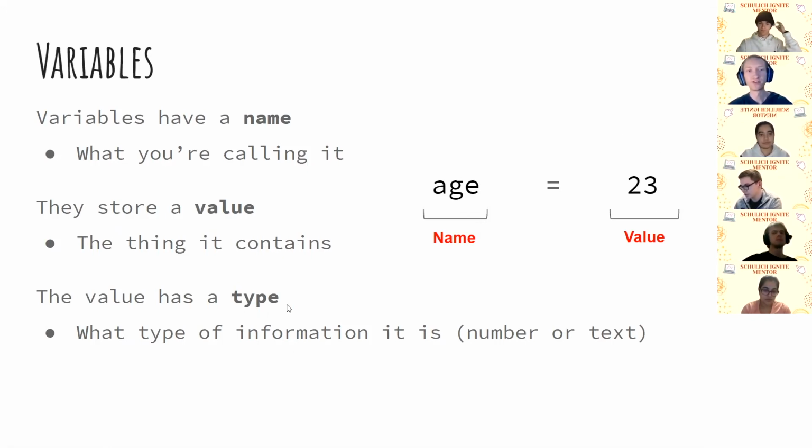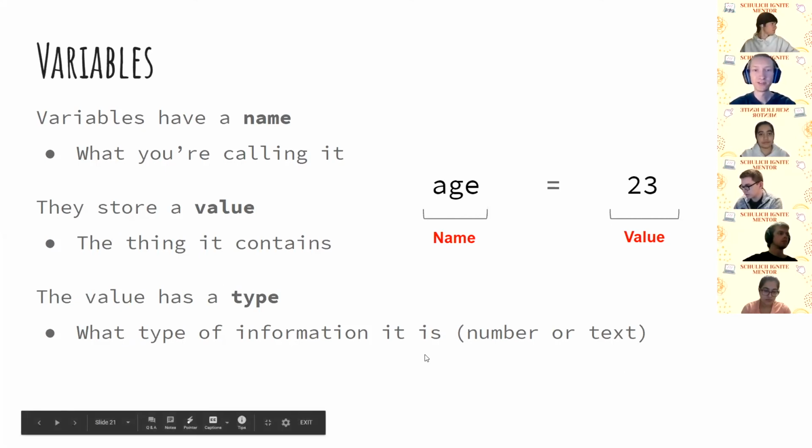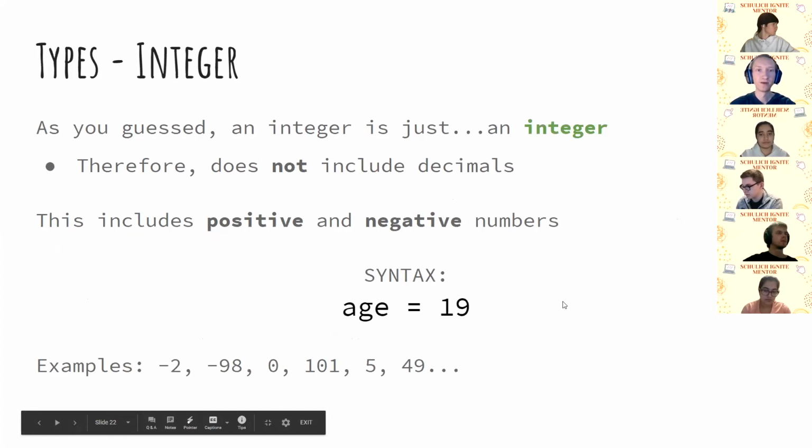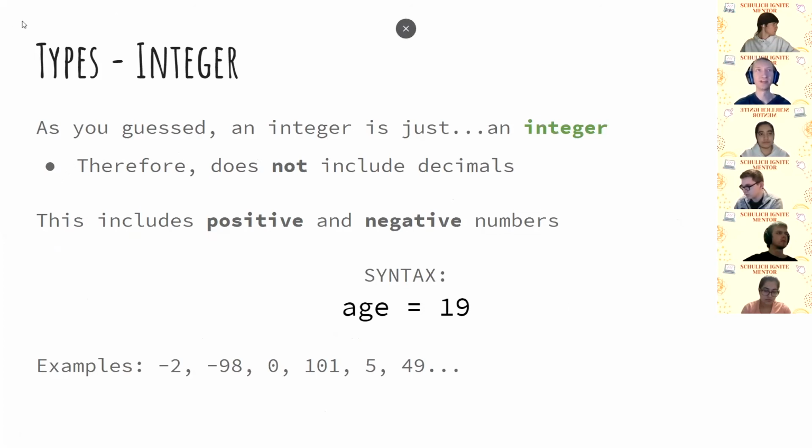And values also have different types. So that's the next part that we're going to talk about, the different types that these values can have. The first type is an integer. An integer is exactly as you expect. It's just like a math integer.